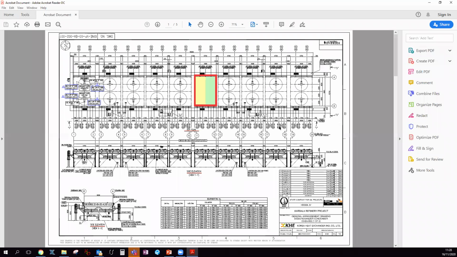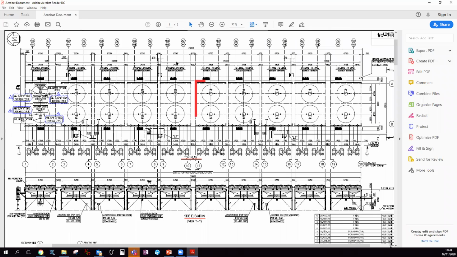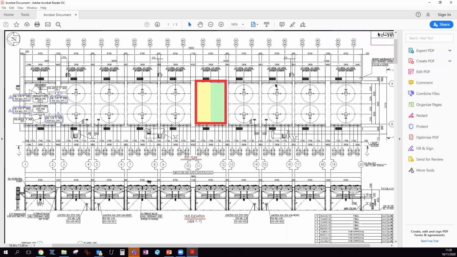Yes. This is the mechanical drawing, and this is the view of our air cooler from the top. We have here 1, 2, 3, 4, 5, 6, 7, 8, 9, and 10 bays. Each bay has 2 bundles. I have colored them here in 2 different colors.